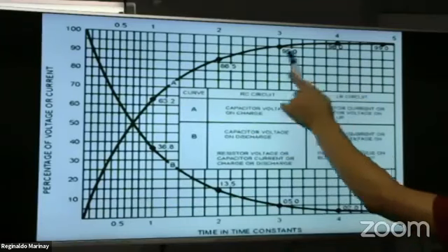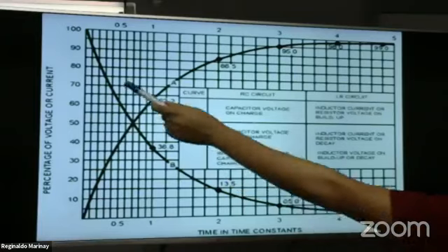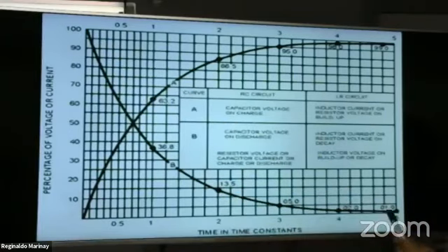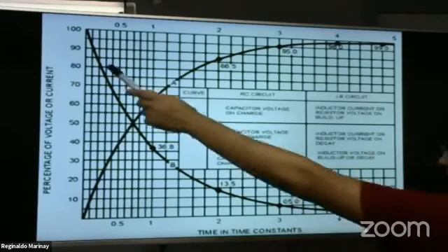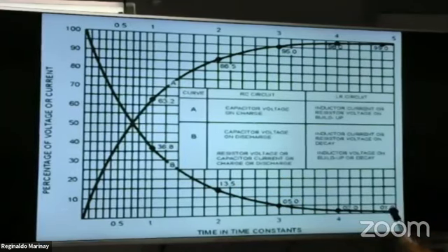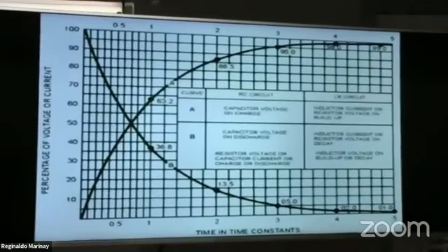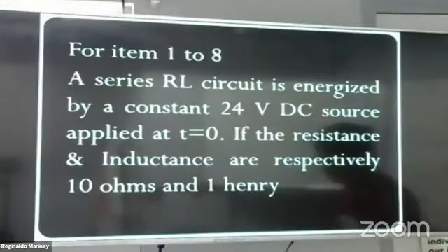Then, this is curve B. Curve B, the inductor current or resistor voltage, decays until it goes to zero. Okay, so let us answer this problem.